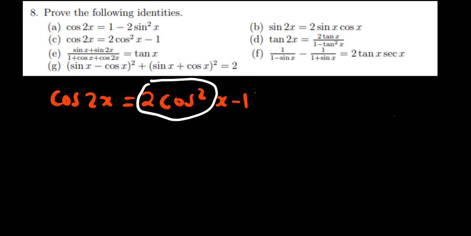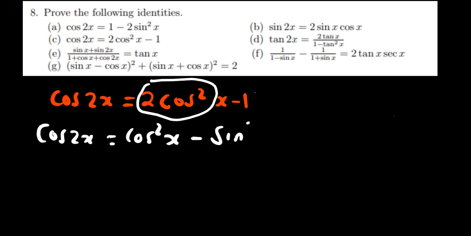We said cos 2x is just the same as cos squared x minus sine squared x. Because I wanted to have this 2 cos squared x, I can make cos the subject of the formula.